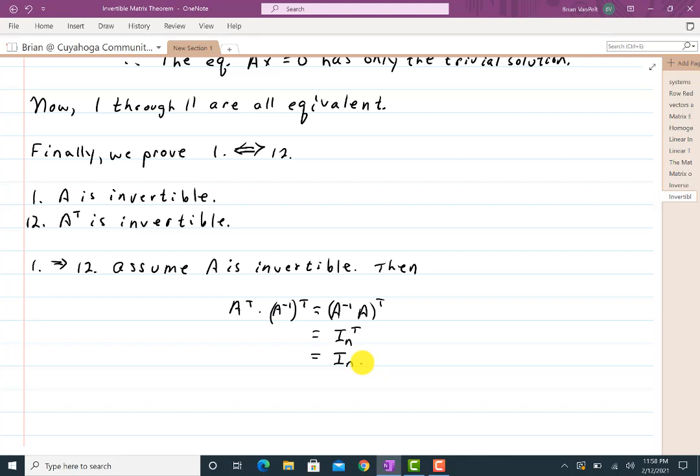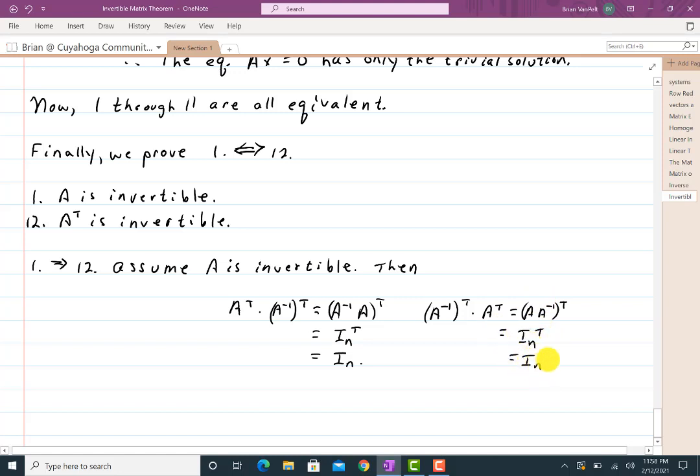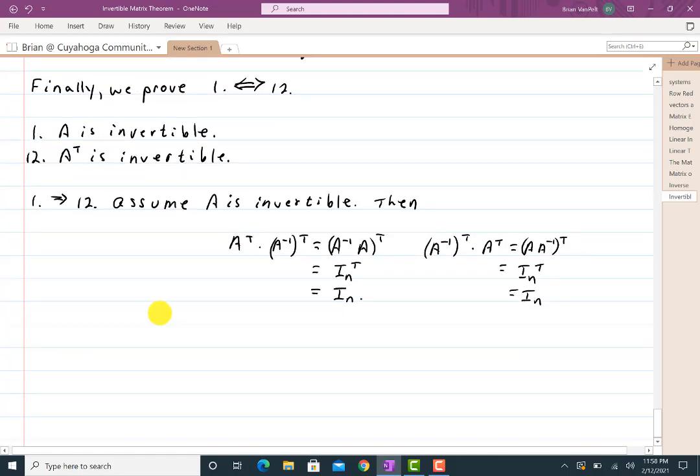Nope, I actually missed something here. To prove that it's invertible, I need to show it's true on the other side as well. So here then I will have A times A inverse transpose, which equals In transpose, which of course equals In. So therefore, A transpose is invertible.